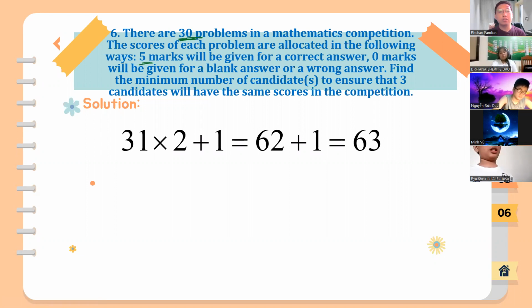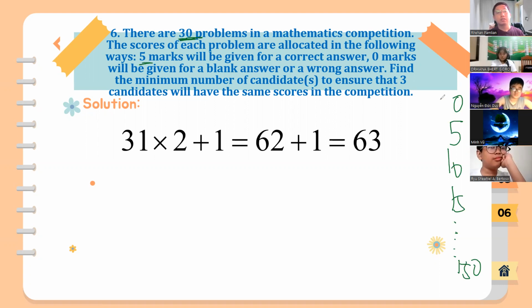So the possible scores here would be from 0, you would get 0, 5, 10, 15, and so on and so on until you have like a perfect score, which is 150, because 30 times 5 is 150, correct? So the total, okay, the total number of possible scores would be 31.